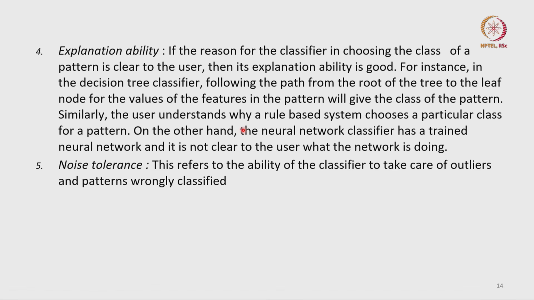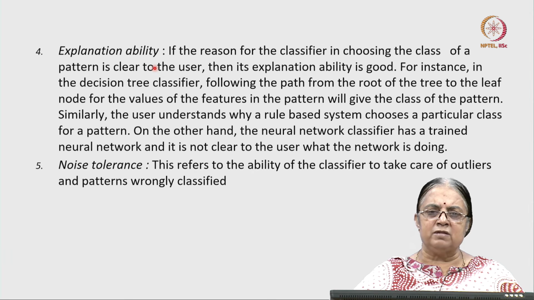This is especially true in medical diagnosis, etc. Suppose your output is whether the person has cancer or not, whether the person has some heart problem or not, then it is good if you can have some type of explanation ability. So, this explanation ability is available in some classifiers.